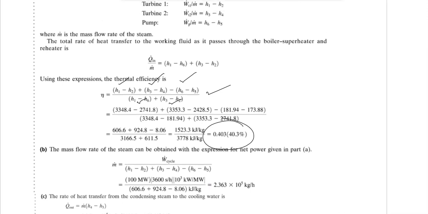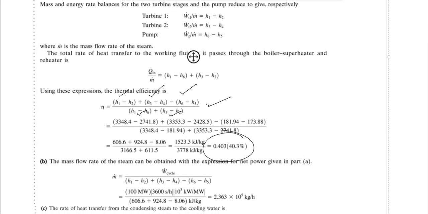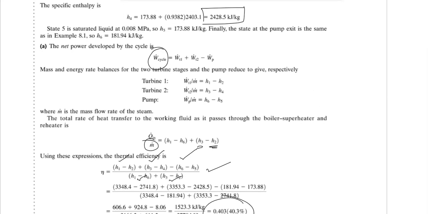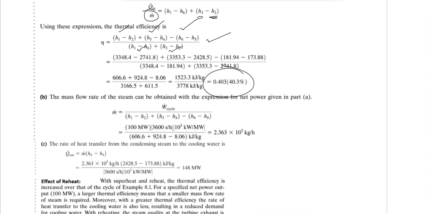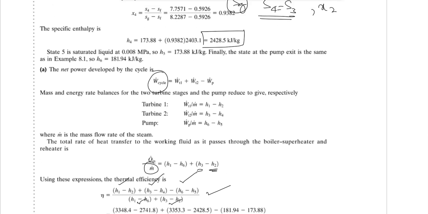Now you can imagine that whatever formulas we were using, the work done formula or the enthalpy Q in formula, were per unit mass, because the enthalpy over here is specific enthalpy rather than total enthalpy. So even the cycle efficiency was per unit mass anyway. The cycle work done was per unit mass, which is the turbine work minus the pump work, written over here.